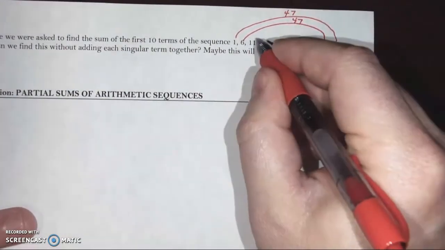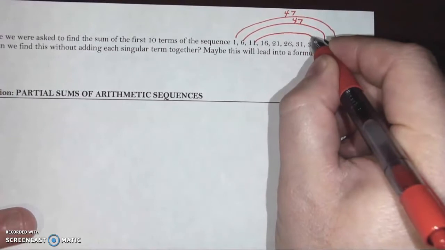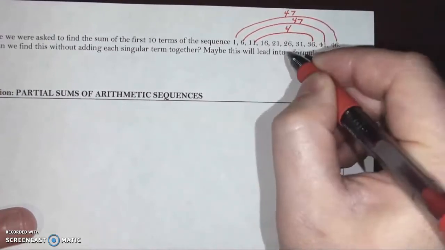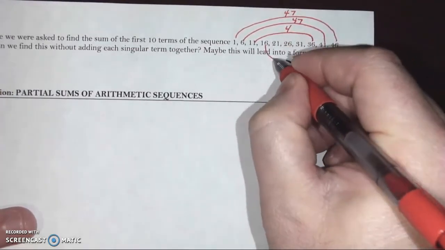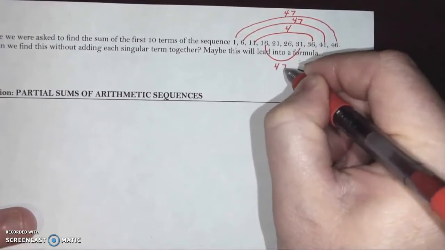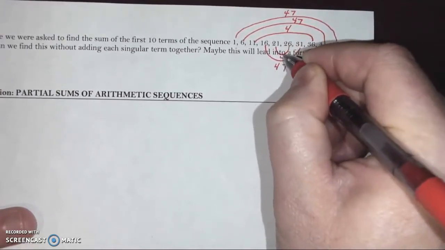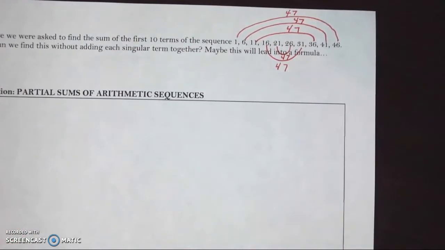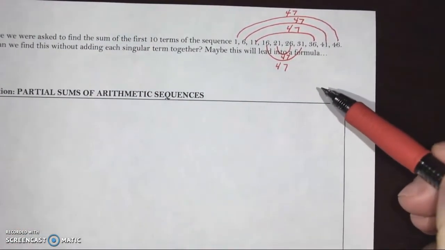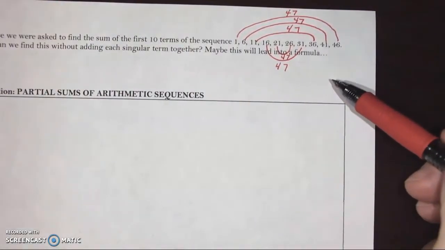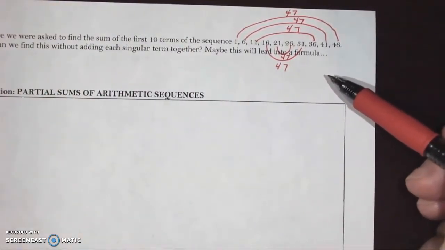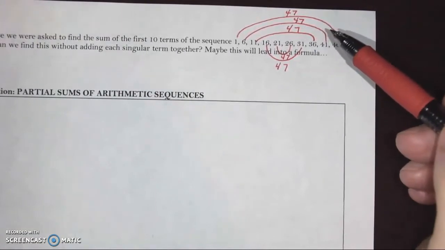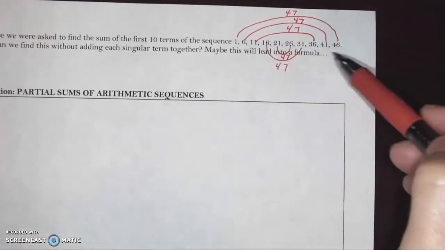That would be 47. And the third term and the third to last term, that would be 47. And the fourth term and the fourth to last term, 47. And these two, that would be 47. Interesting. If we added up those 5 47s, we should get the sum of the sequence. You can check your math with what we did here.